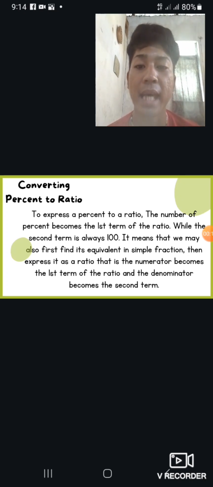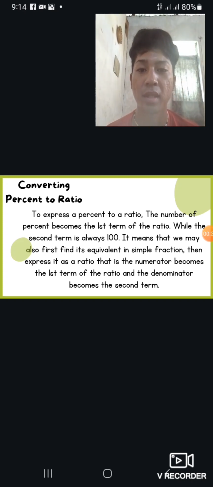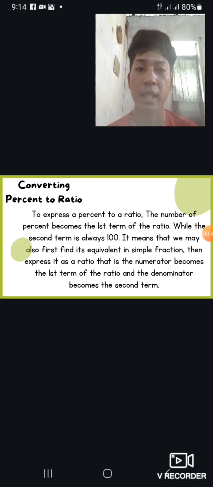It means that we may also first find its equivalent in simplest form, then express it as a ratio, where the numerator becomes the first term of the ratio, and the denominator becomes the second term.